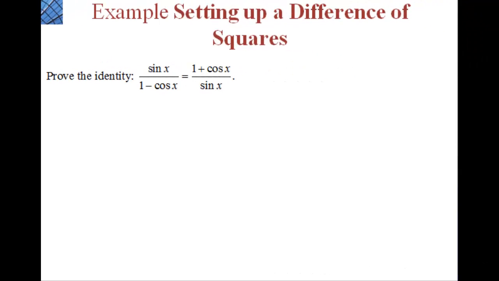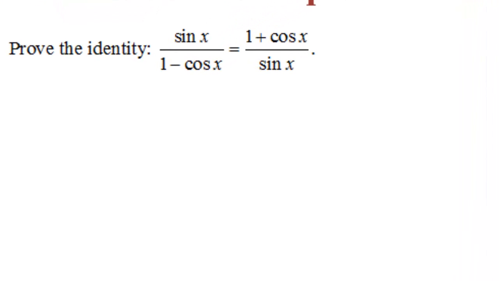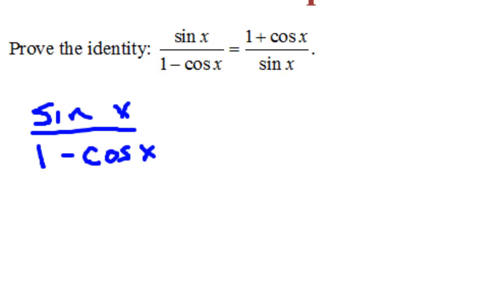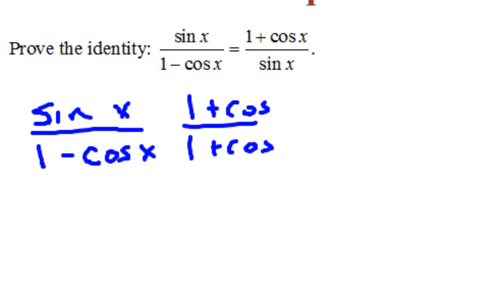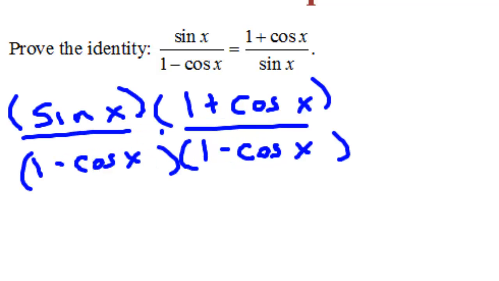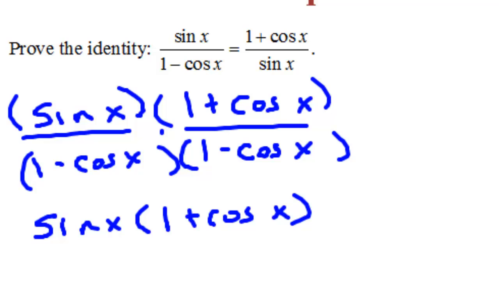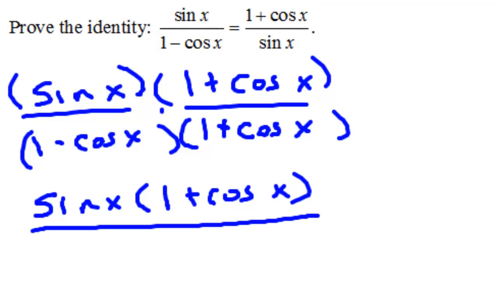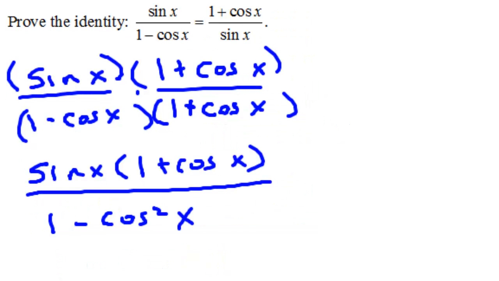Another way to prove an identity would be to set up a difference of squares. For example, if we have sine x over 1 minus cosine x, we could multiply it by 1 plus cosine x over 1 plus cosine x. We'll leave the top for right now, and we'll multiply the denominator. Difference of squares is going to give us 1 times 1 is 1 minus cosine squared x. 1 minus cosine squared x equals sine squared x.